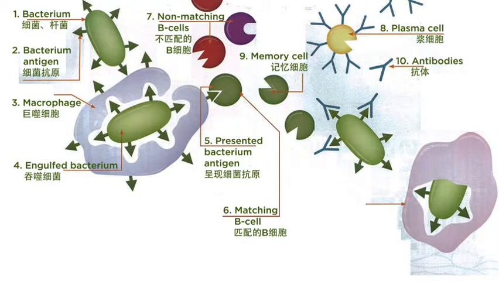The plasma cells release antibodies, which disable the bacteria by latching onto their surface antigens. The antibodies also mark the bacteria for destruction. White blood cells, called phagocytes, recognize the antibody marker, engulf the bacteria, and digest them.